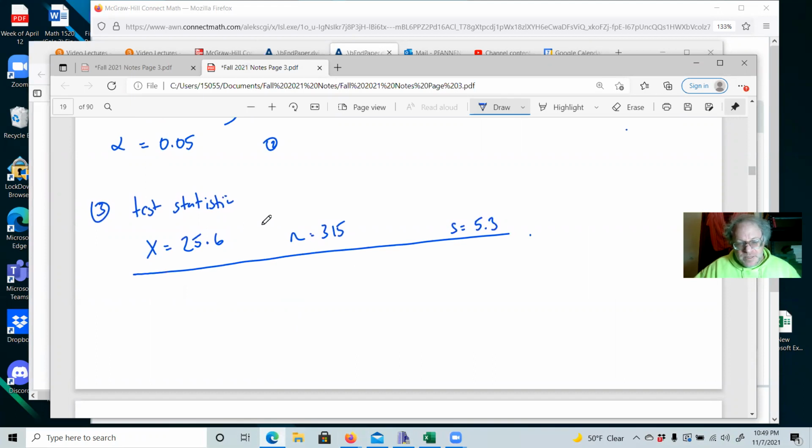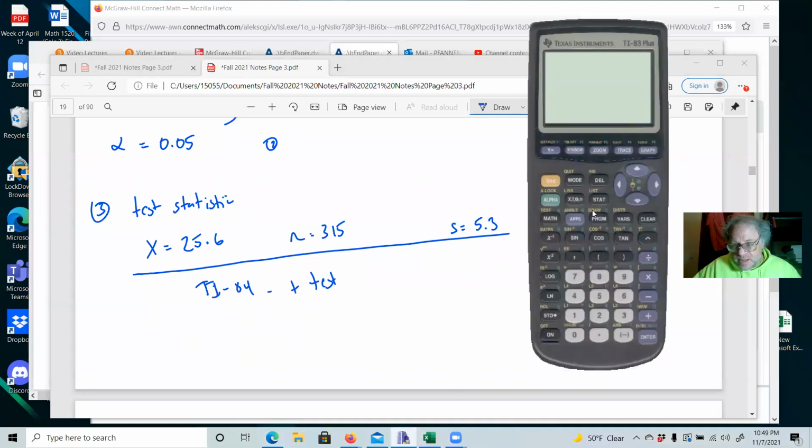So our test statistic is TI-84 t-test. Okay, let's see what it's going to make us do. We're going to go to stat, test, t-test. Okay, and we are typing in stats.